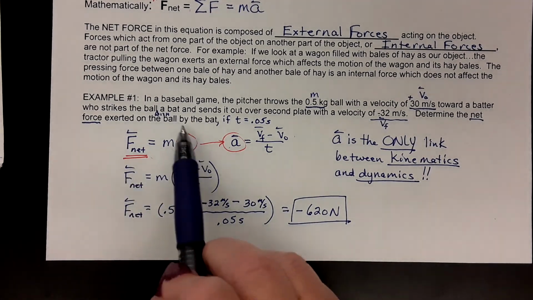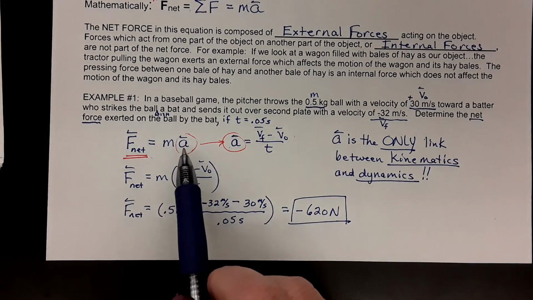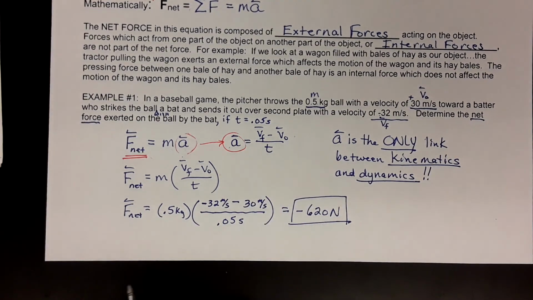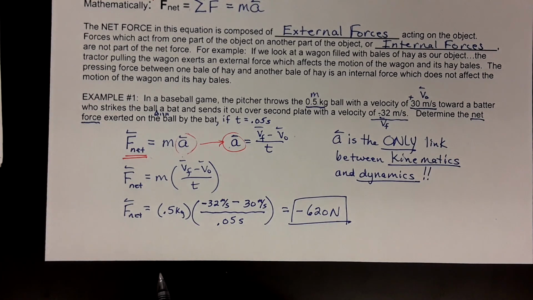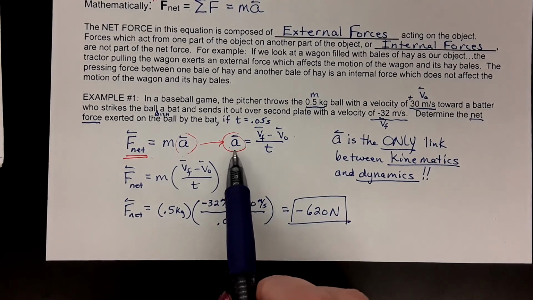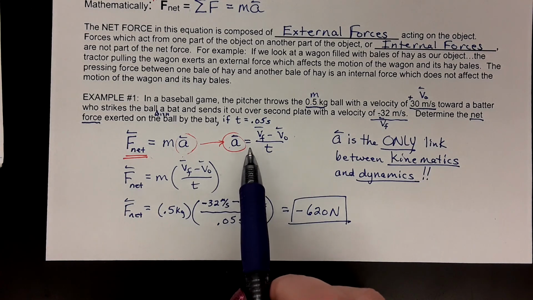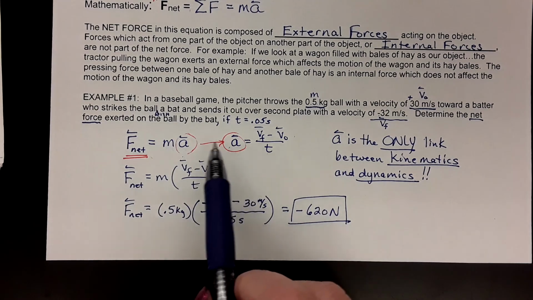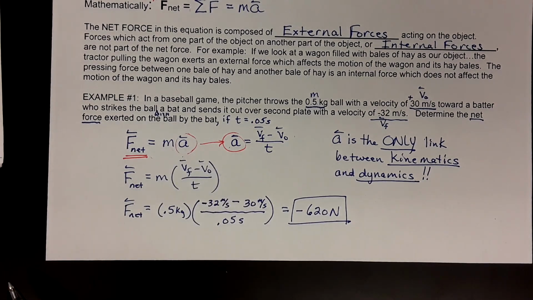So you use the dynamics to get the acceleration and then put it over in the kinematics and find the unknown there. Now, the definition of acceleration is not the only kinematics formula we have, if you'll remember. We also have the general equation and the alternate equation. And just like this one, they both contain acceleration, so they can link with the dynamics to help us solve problems. All right?